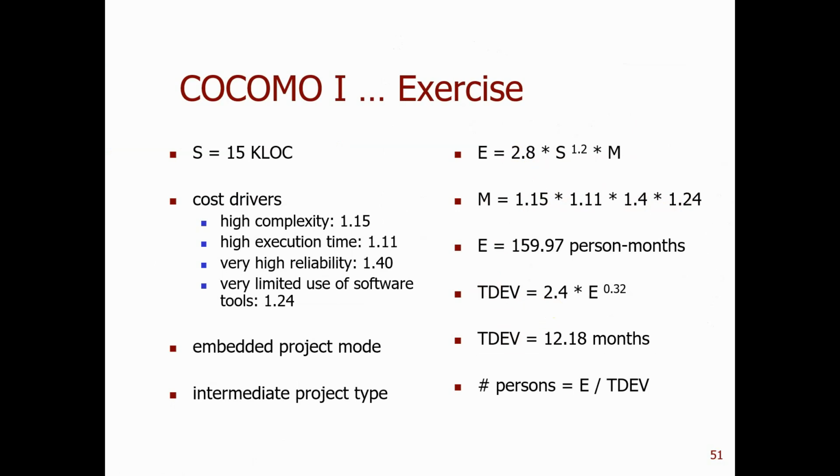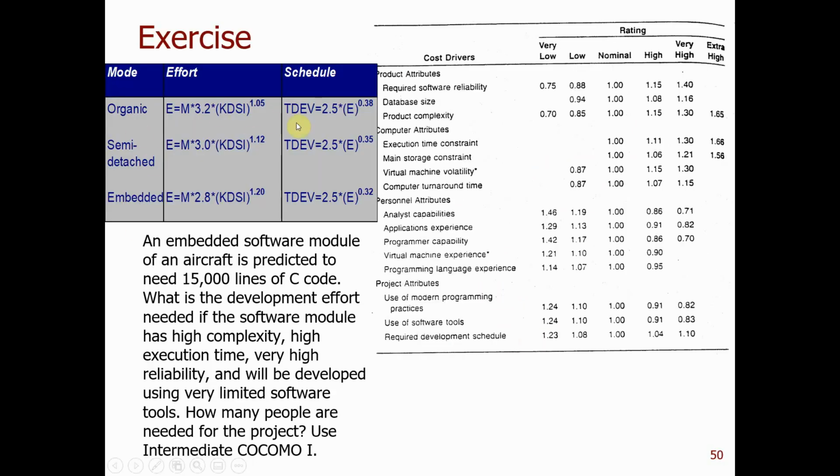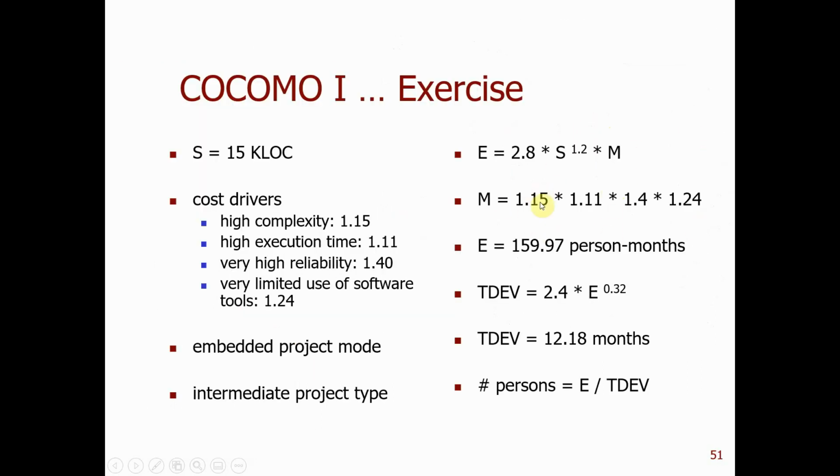For the rest of them, you know which formula to choose, and you connect the description of the cost driver to this table, choose the right value, and bring it into M. Then you use the formula to do the cost estimation and schedule, and then you can derive the productivity and how many people you need for the team.